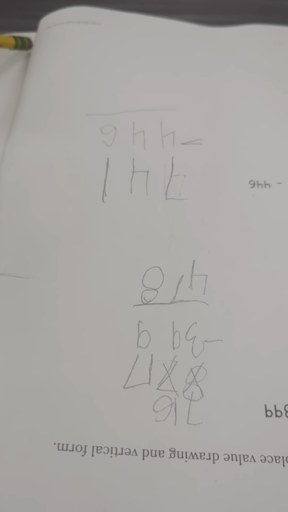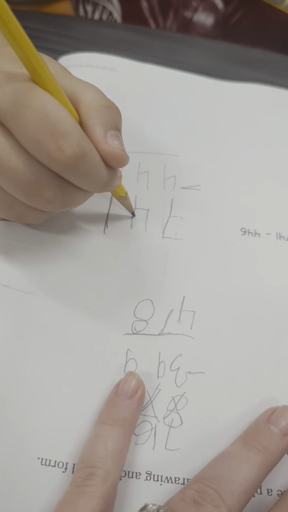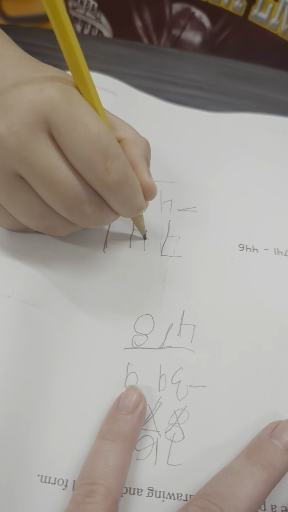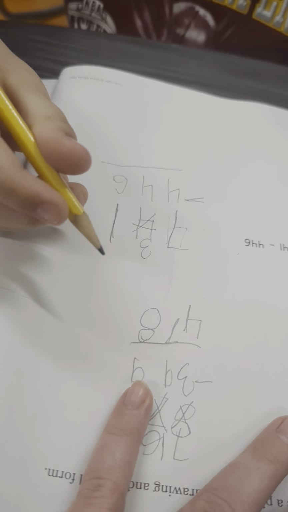All right. First step. You can't take away 6 from 1, so what do you need to do? Who are you unbundling from? From the tens, yep. It changes that to a 4. Then what happens?